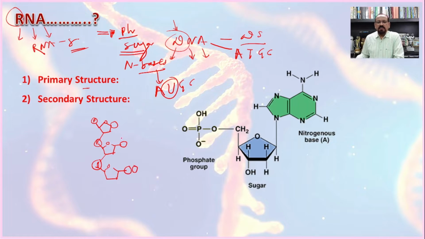Either the nitrogen bases will be single ring or double ring. If it is the uracil, then cytosine, guanine and adenine. So such a type of single strand structure is there in the primary structure.